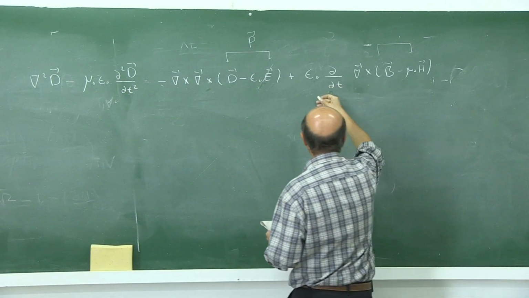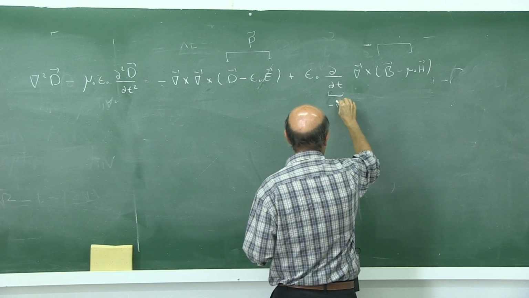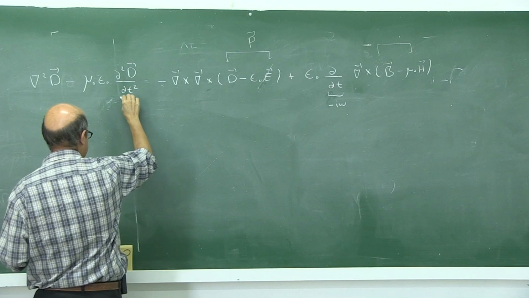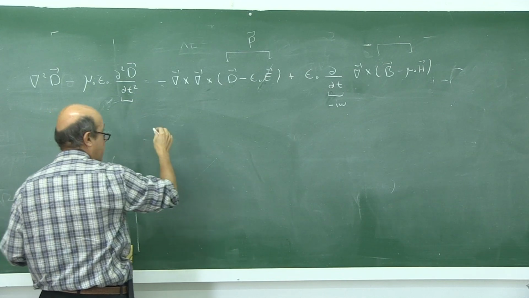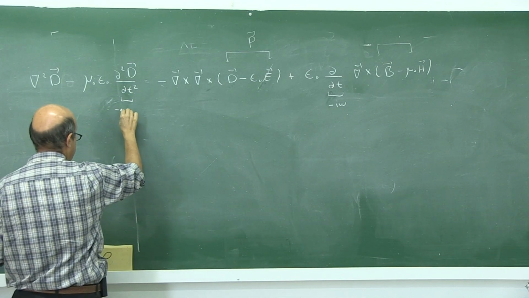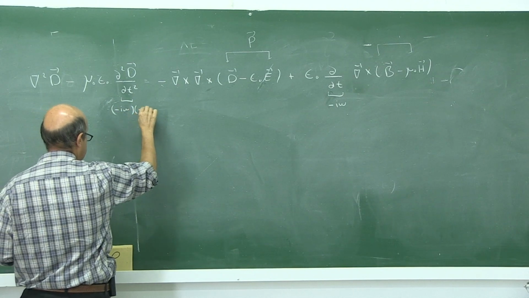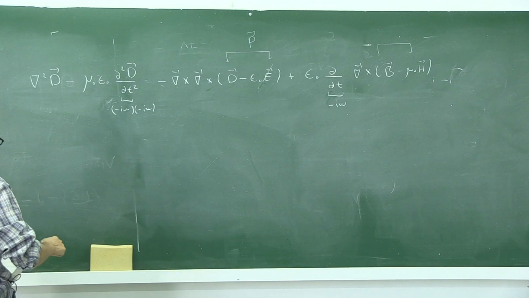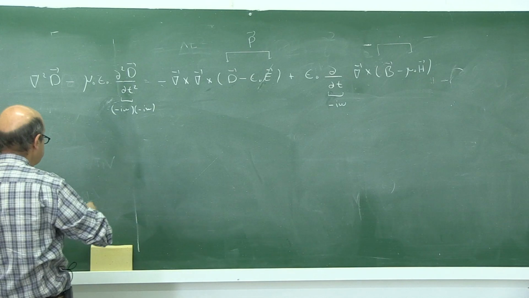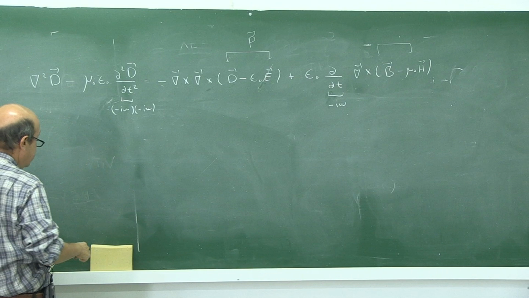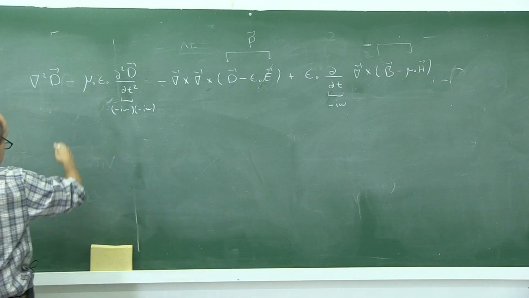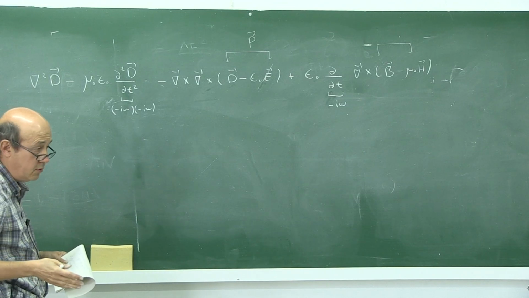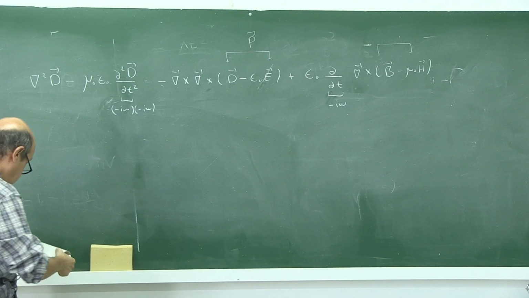Del over del t will be replaced by minus i omega, and del square over del t square will be replaced by minus i omega times minus i omega, that will be minus omega square, and times mu 0 epsilon 0, that is k square, the wave number, because mu 0 epsilon 0 is 1 over c square.